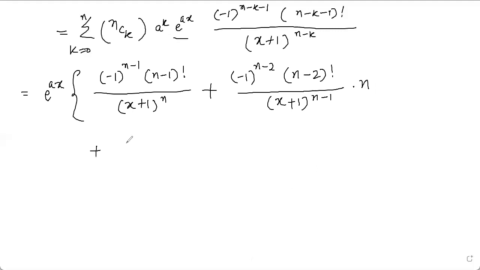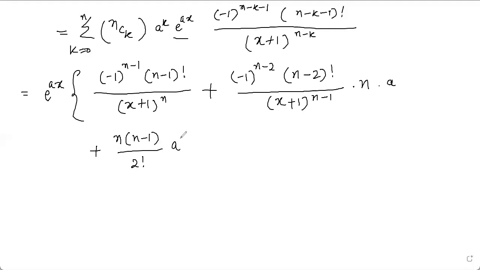Plus, now nC2 will be n(n−1)/2 factorial, and also don't forget a here, a^1, since k is equal to 1.